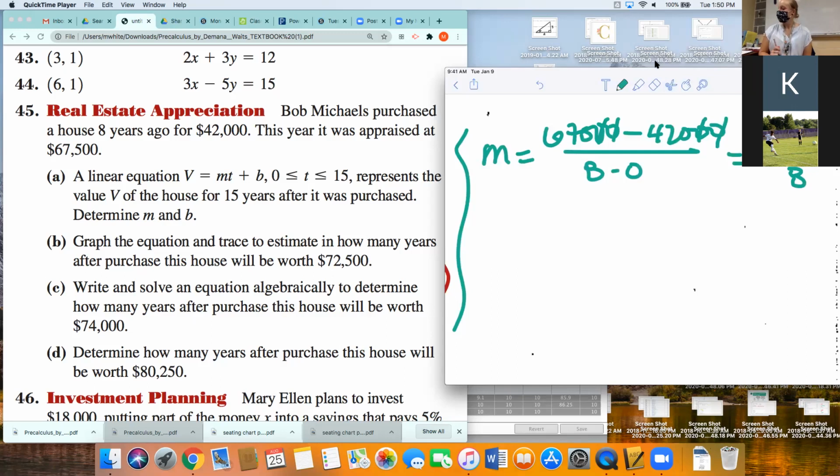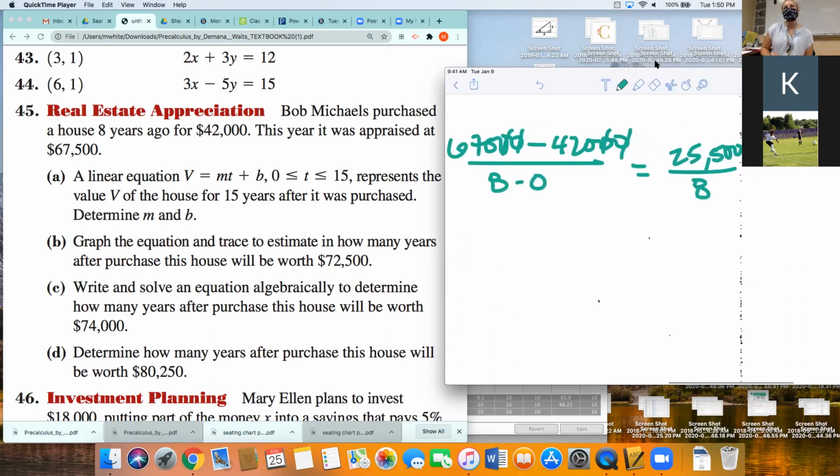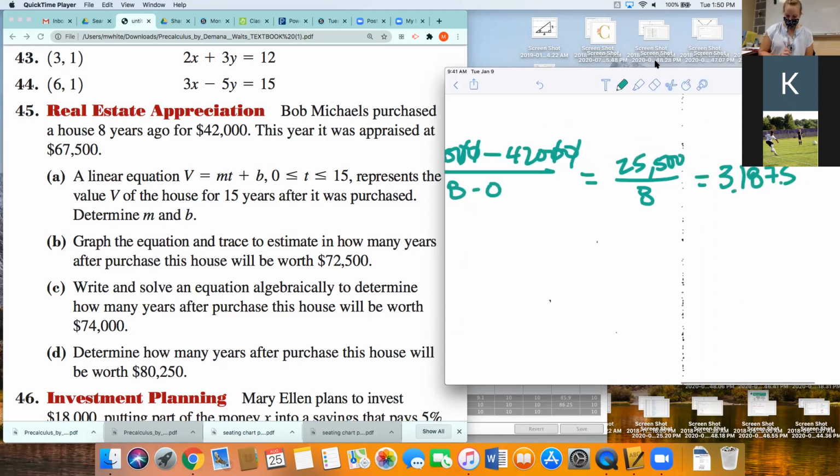Yeah, thank you. And then divide that by 8. I'm okay with a decimal here because these are such crazy numbers. We will let this slope be a decimal. If it's a normal problem, then we do not want any decimals. But this is my change essentially. This is basically saying that every year, so in 1 year and 1 T, it increases by 3,187.5.